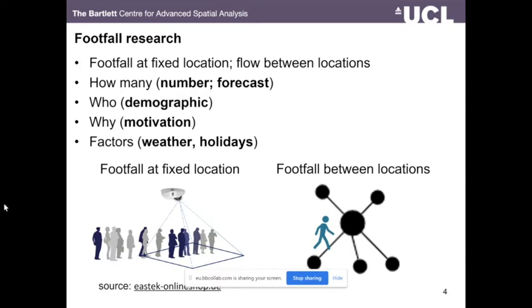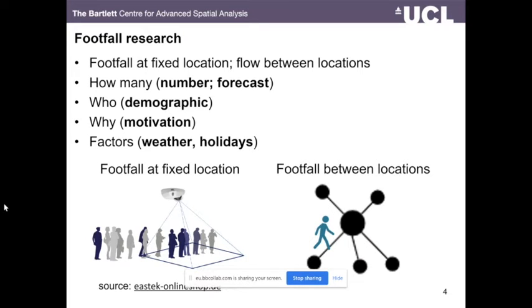If we have footfall data between locations, we can know how many people travel from one location to another. If the data is very comprehensive, we can know who passed this location and why they passed. And we can also understand the influence of different factors like the weather or the holiday on the footfall number.